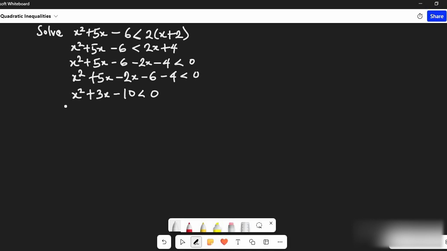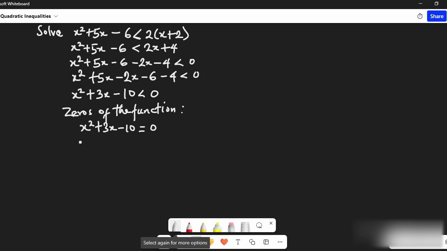Now we need to find the zeros of this quadratic function x squared plus 3x minus 10. So we simply equate x squared plus 3x minus 10 to 0 and find the roots of the equation. So I'm going to use the factorization method here.